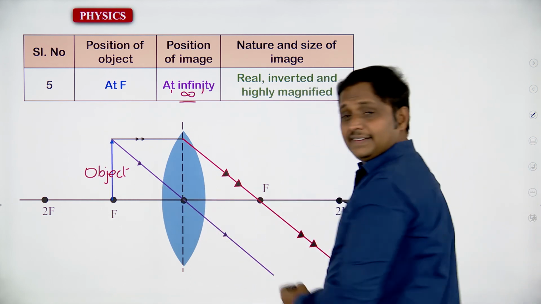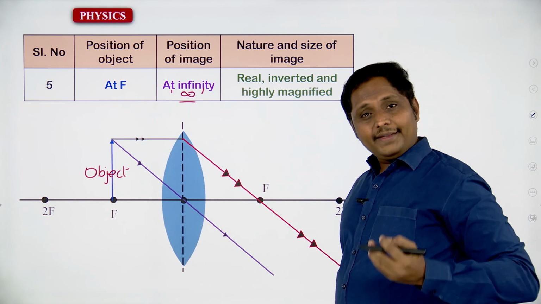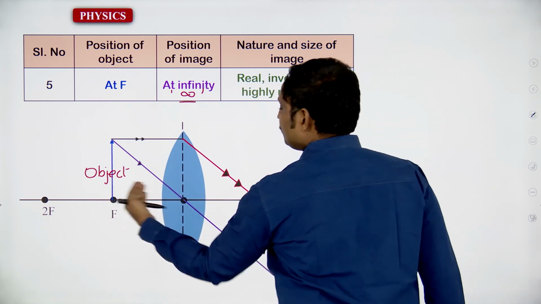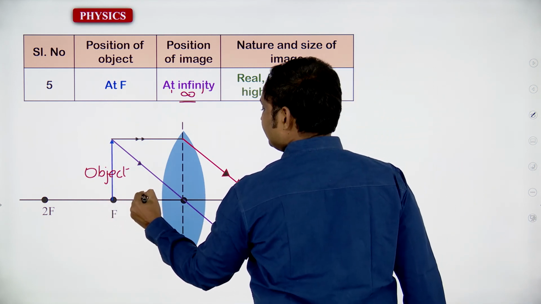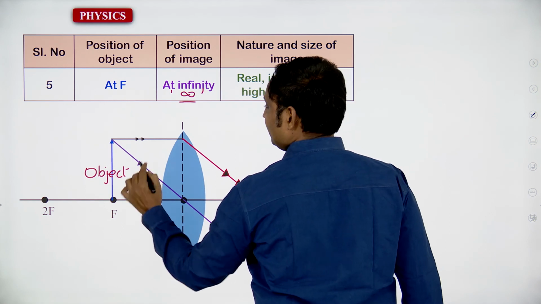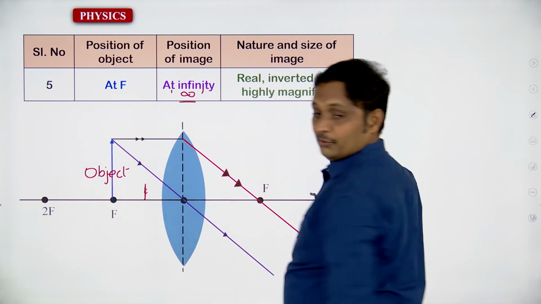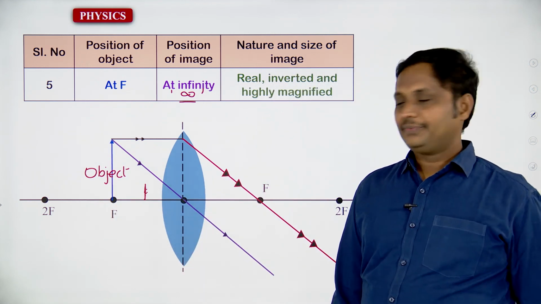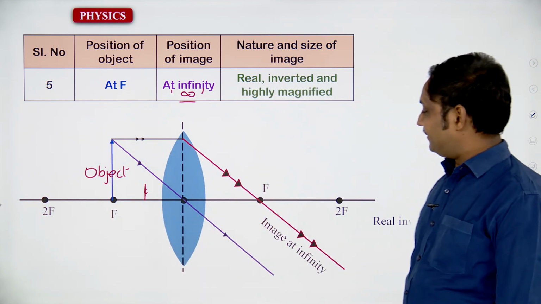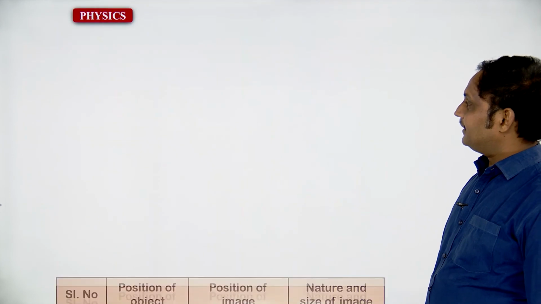Now, what is the next case? You can guess it whenever the object moves between these two. You can imagine the image is formed beyond that position, and it is going to be virtual.